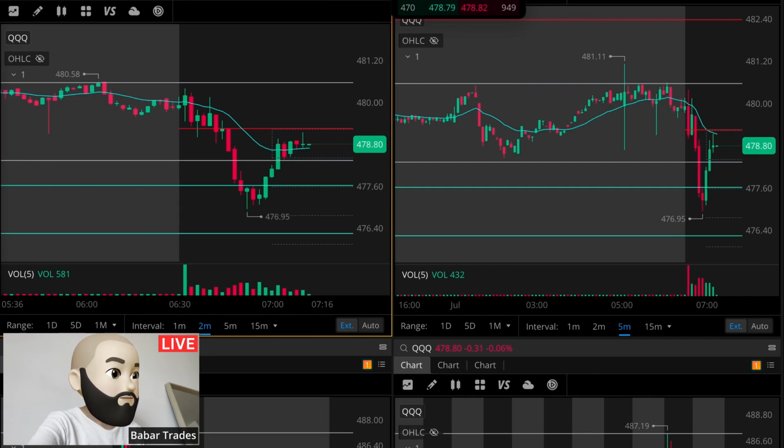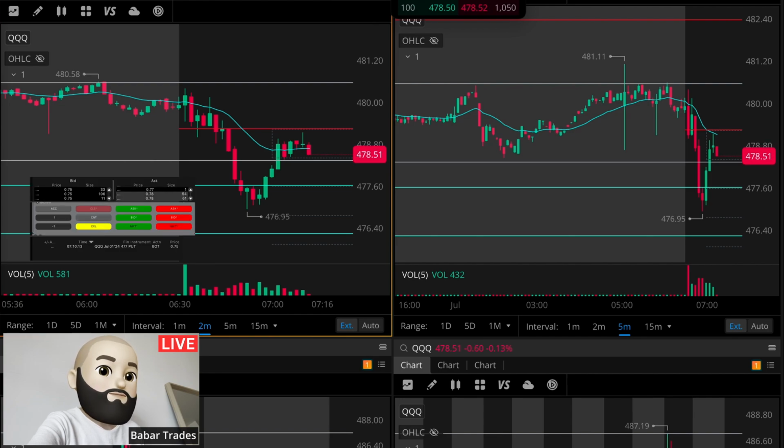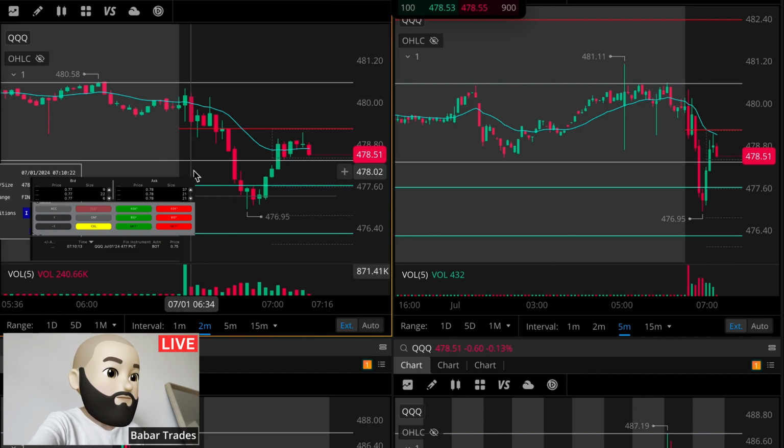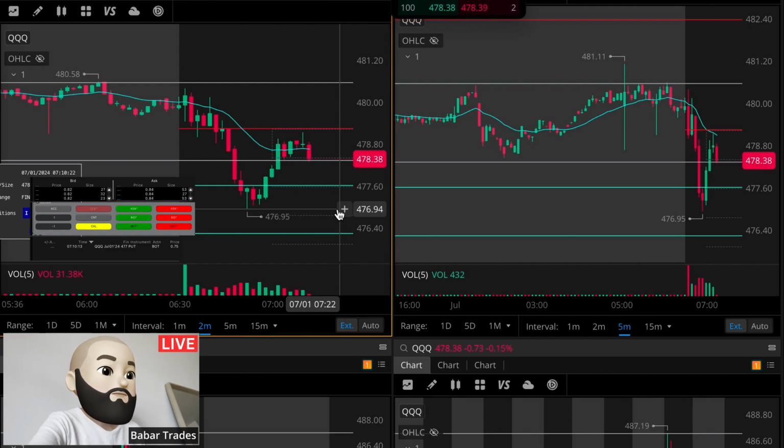Okay, the 5-minute closed with a doji slash higher wick. Okay, I've entered the trade. What I need to see is for this to break that level and start to go below 478, and then ideally get at least to 477.